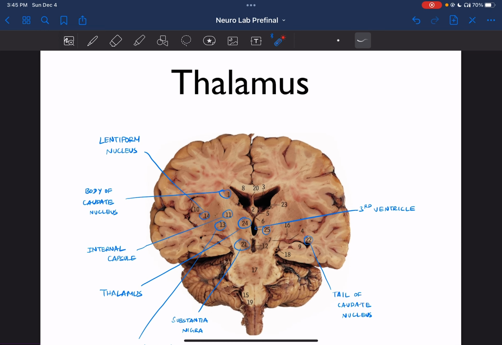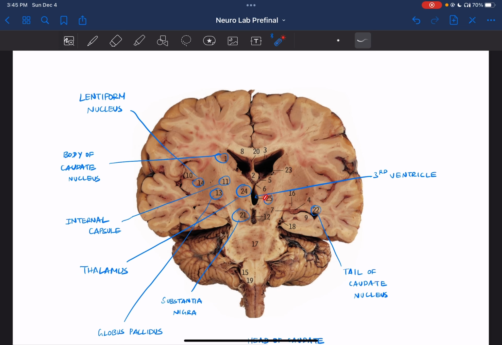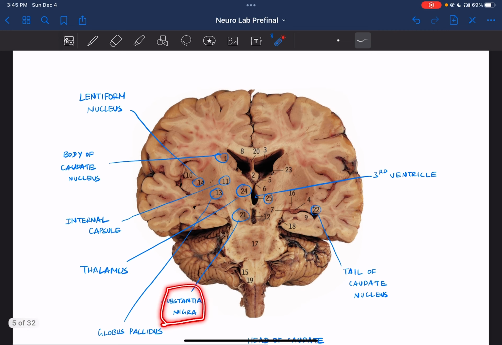Now, that was about basal ganglia. What about thalamus? So first, here, as I said, the 25 marked here is your thalamus, or the 24. It is roughly here. Okay, so this 24 is your thalamus. What about the other structures that we can revise right now? The substantia nigra, which we saw just inferior to it, and the lentiform nucleus, which consists of your putamen and globus pallidus.